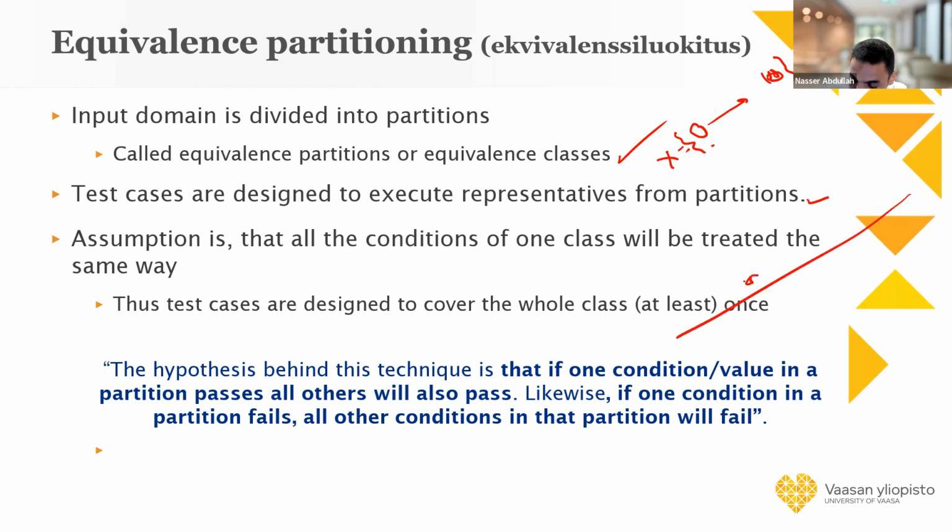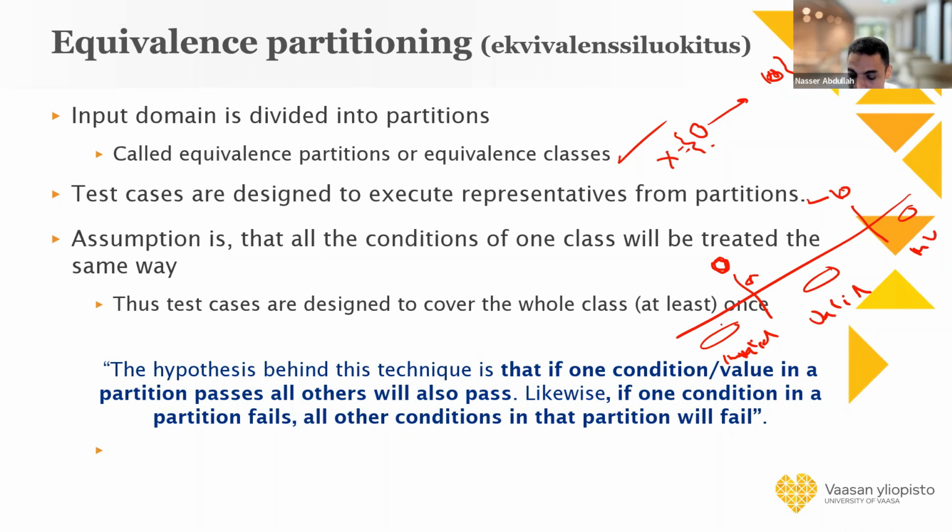Here we have 0 to 10. So we have the first partition, the second partition, the third partition. Here will be invalid, right? Here valid. Here invalid. So now we divide the range of the input parameters into partitions.